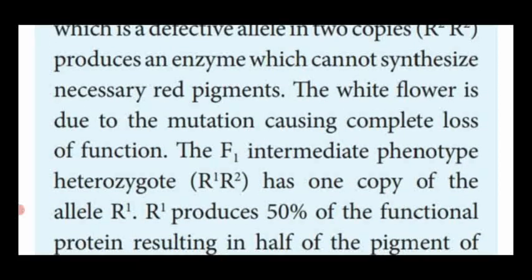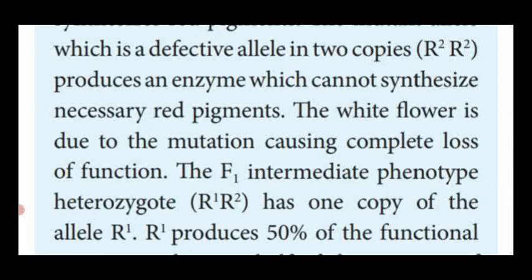So the white color flower is produced due to the mutation causing complete loss of function. What is the complete loss of function? Even though the defective allele is present in the Mirabilis jalapa plant, that is the mutant allele named R2R2.